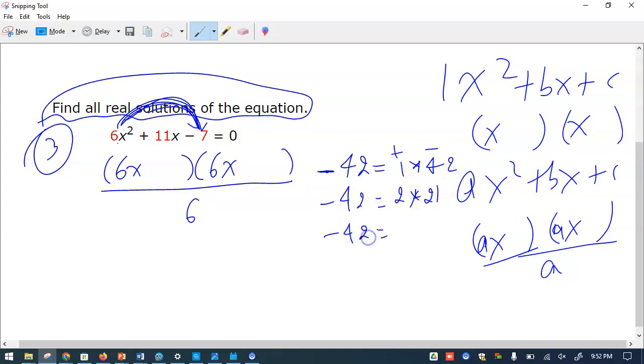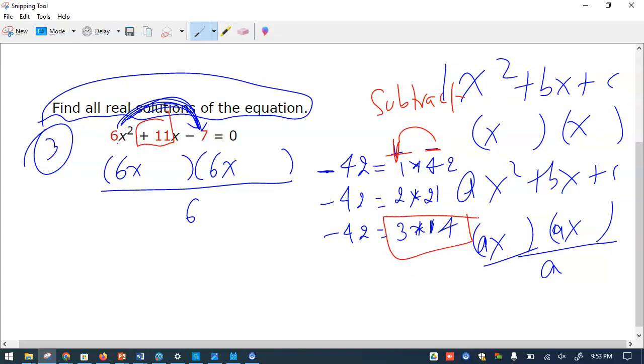And 3 also divides, 3 times 14. Since one of them has to be plus and the other minus, that means you have to subtract. When you subtract, you want to make sure there's a plus 11, and this is the only option that will help us. You take away 3 from 14, which is 11.